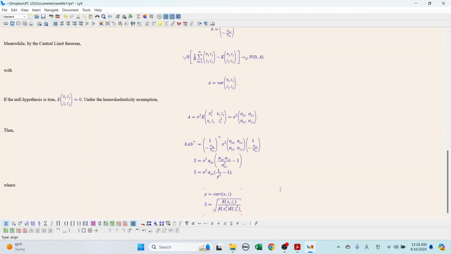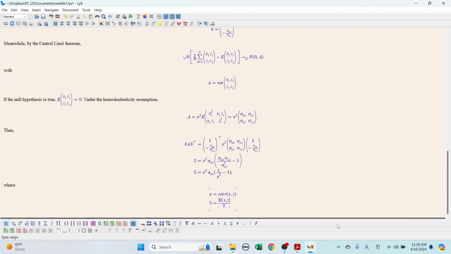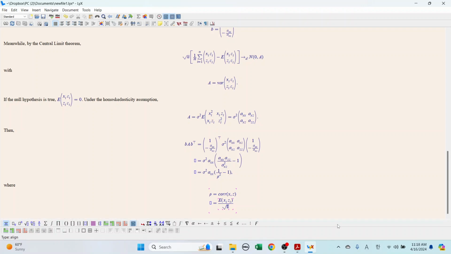Okay, so let me, excuse me, it's not exactly right, because the radical must be taken only on the denominator, right?